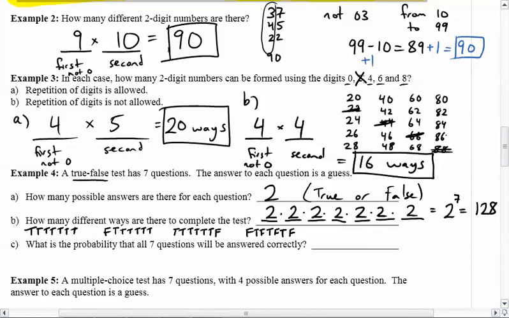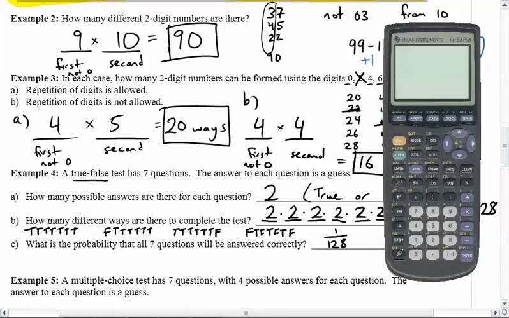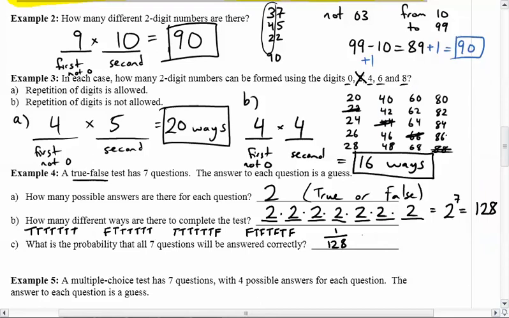There's only one right answer, so the probability that I'm actually correct is only 1 out of 128. A measly less than 1%, 0.78%. So less than 1% chance that I get all the answers right.